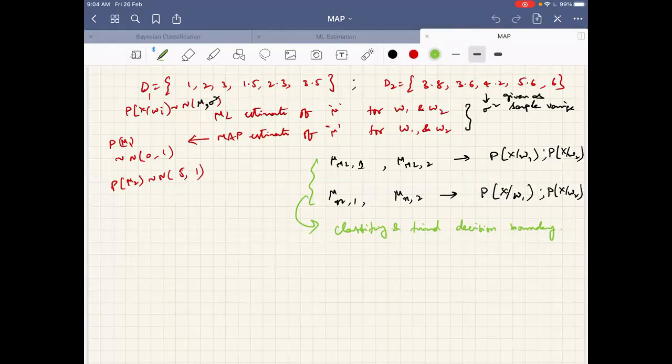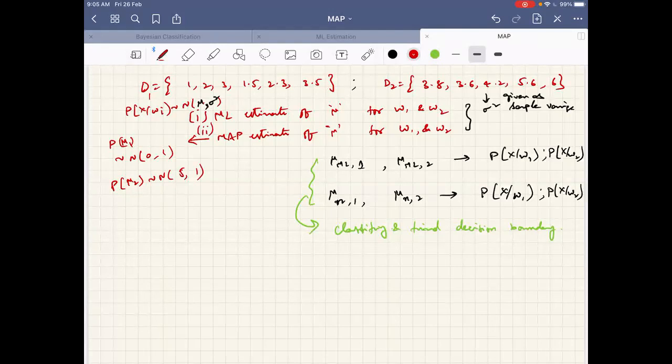The mean is to be found out either by ML estimate or by MAP estimate. The first question is to find the mean by ML estimate. The second question is to find the mean by MAP estimate. Based on the mean estimate, you can formulate the likelihood.